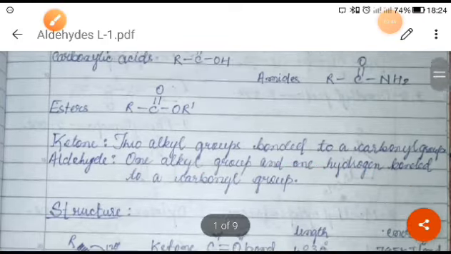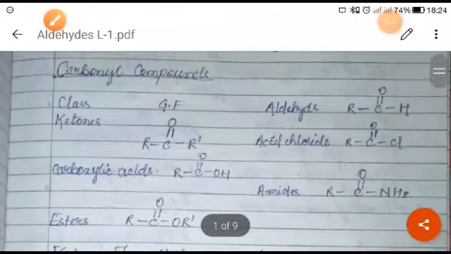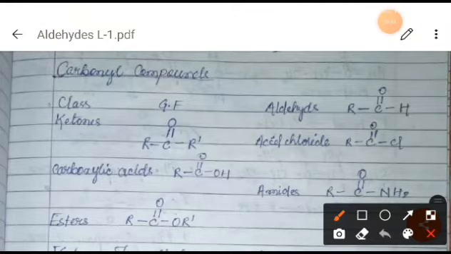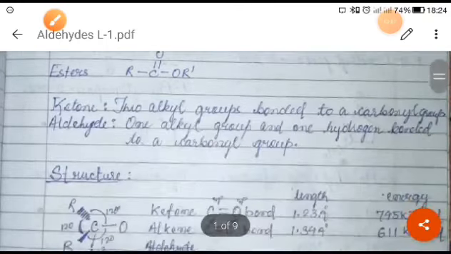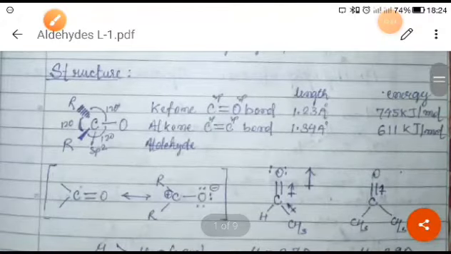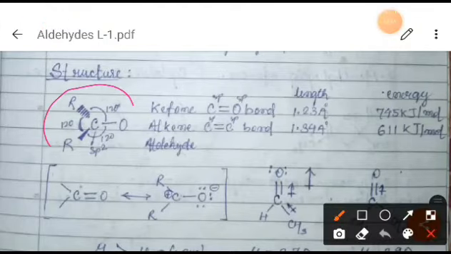So in the ketone, both sides are attached to alkyl groups, but in the aldehyde, one side is an alkyl group and the other side is hydrogen.